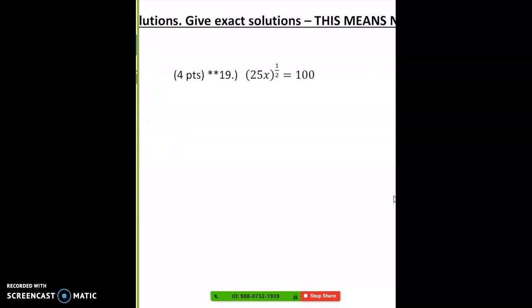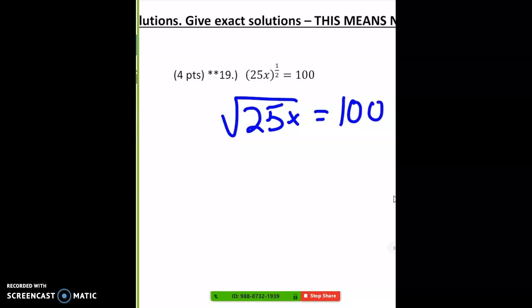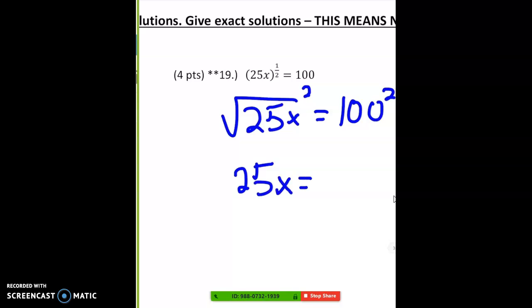Okay, moving on to this one. Remember, to the 1/2 really means the square root. So now, to get rid of a square root, we have to square everything here. This side, nice and easy, 25x. The other side, give me a second here. Where is my calculator?